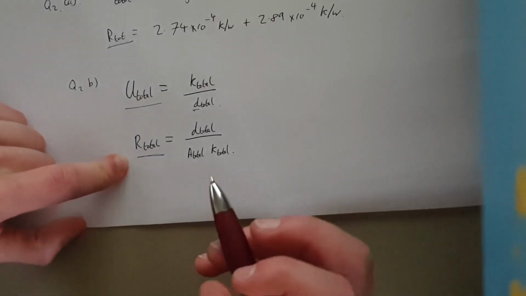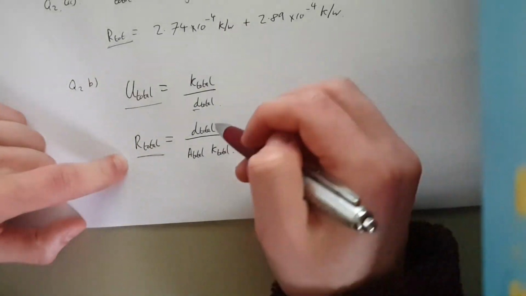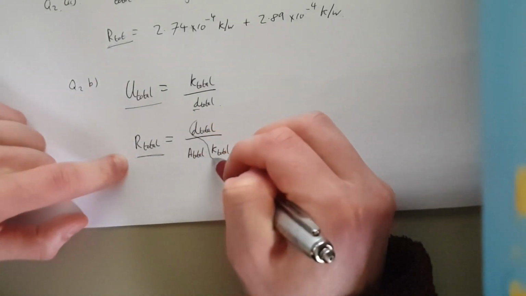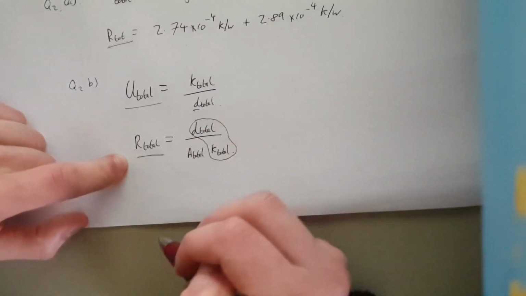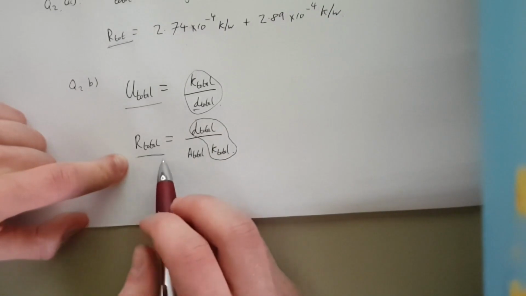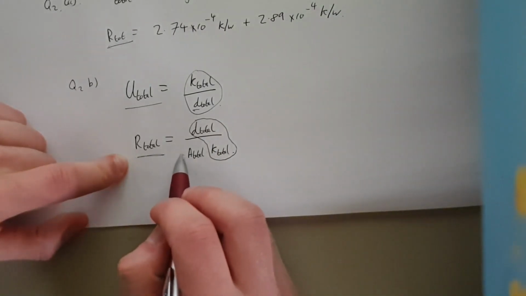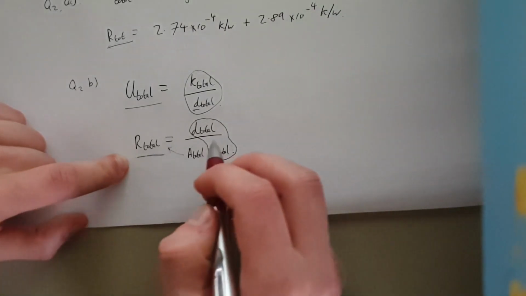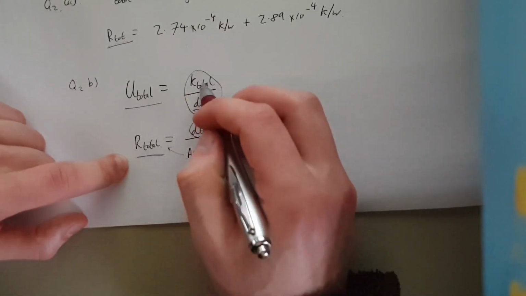And we can then rearrange this and say, okay, well, we know this bit is this bit. So we can just multiply here to get what that is, because that's just the reciprocal of this.